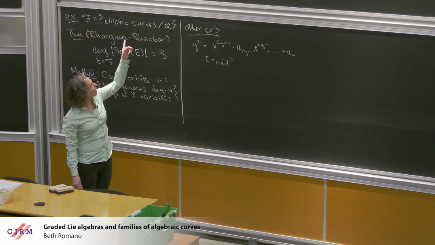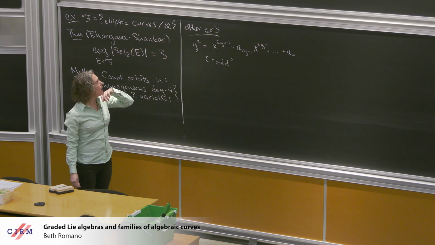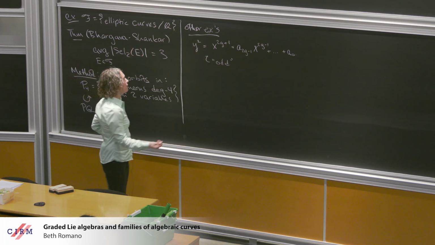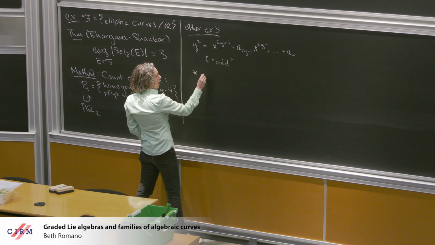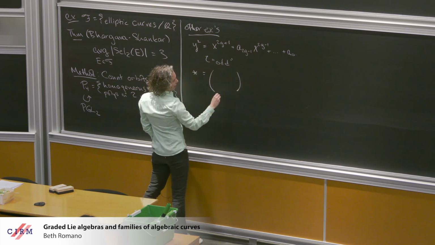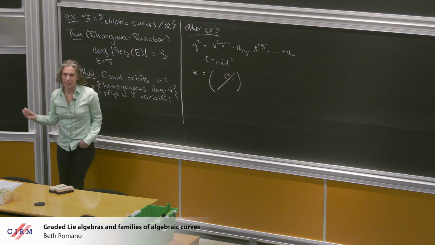For that, they were looking at SO_(2g+1) acting on a certain space. I'll just tell you what this notation means. If I have an n by n matrix, I want star to be the involution that flips the matrix over the anti-diagonal.